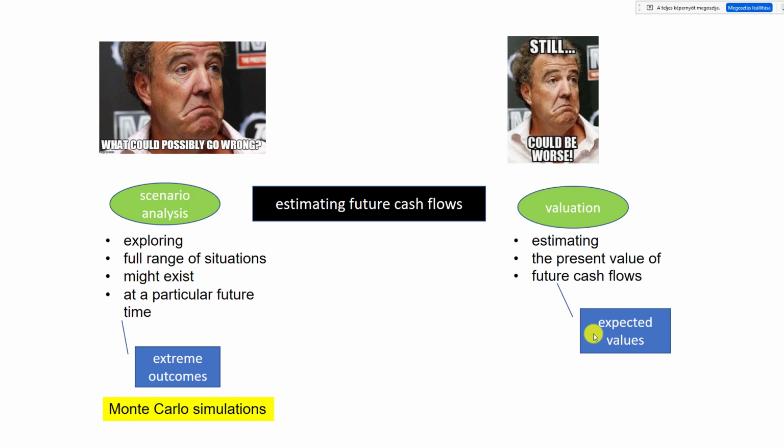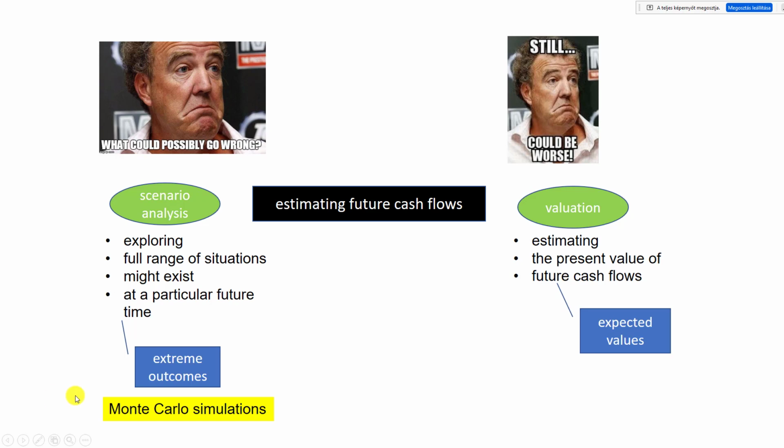We are looking for what is happening exactly on the market, and in the case of scenario analysis we are looking for outcomes in the case of extreme circumstances. What outcome has a probability of 95% or 99%?